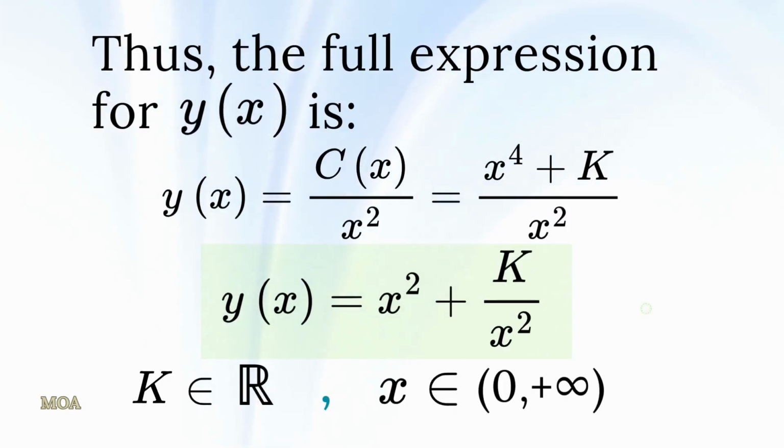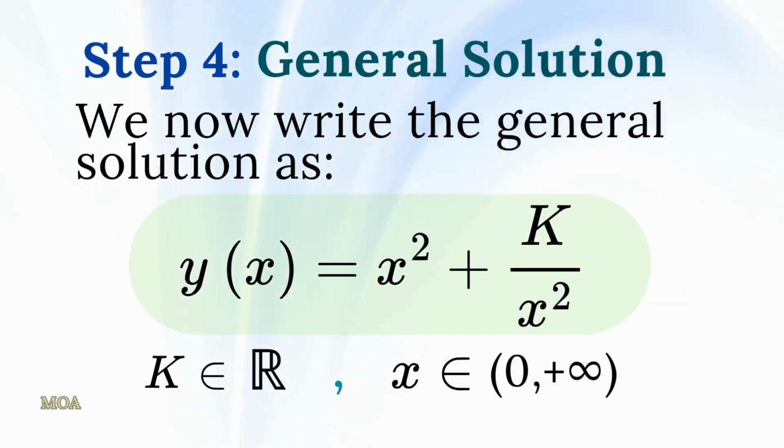Thus, the full expression for y of x is c of x times 1 over x squared, which equals x squared plus k over x squared, where k is a real constant, and x belongs to the domain from 0 to plus infinity, not including 0. In step 4, we write the general solution as y of x equals x squared plus k over x squared, where k is a real constant and x is a strictly positive real number.